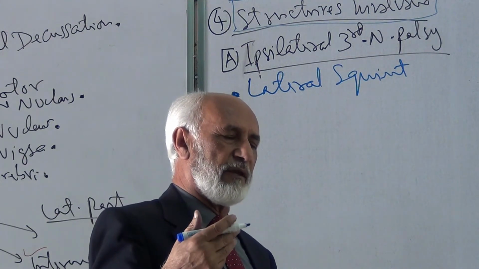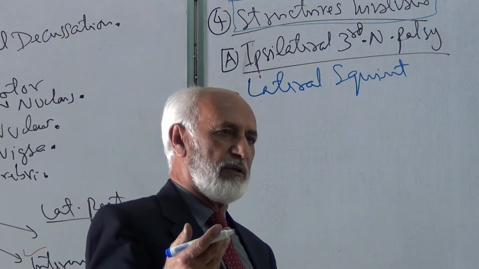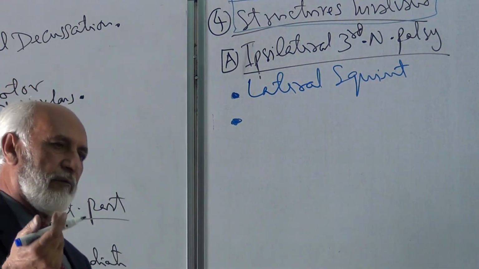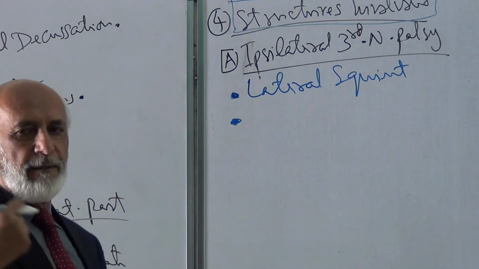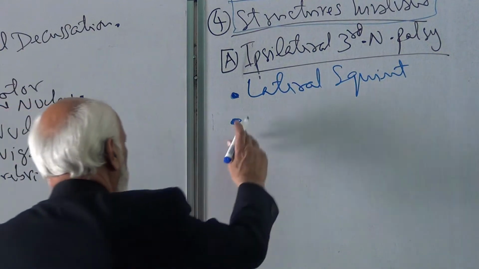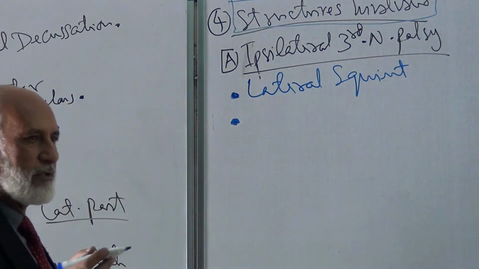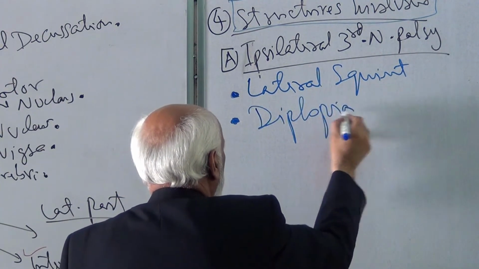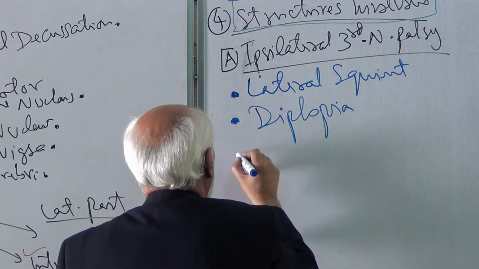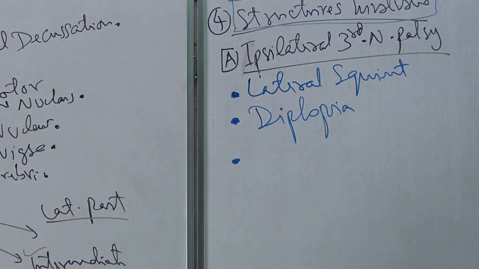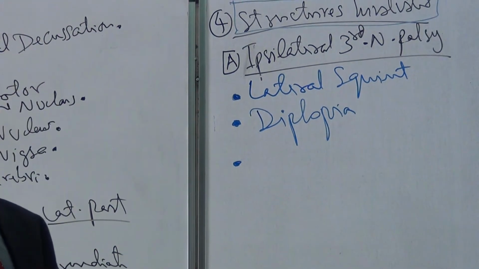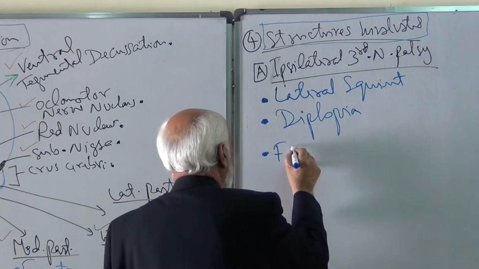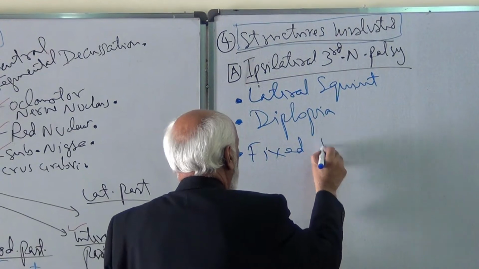Because these two nerves are not involved in the lesion, these muscles are intact and they draw the eyeball outwards and downwards. We discussed this in detail in the last lecture regarding Weber syndrome. So lateral squint, and when there is squint, it will result in double vision, diplopia. Double vision, true and false images are formed on the retina of an object. Then fixed dilated pupil.